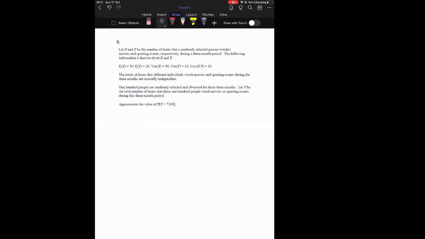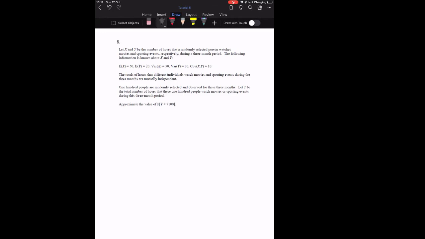Some statistics are given regarding the averages and the variances. And now they say 100 people are randomly selected and observed for these 3 months. Let T be the total number of hours that these 100 people watch movies or sporting events during this 3-month period. So T is the number of hours that these 100 people watch movies or sporting events.